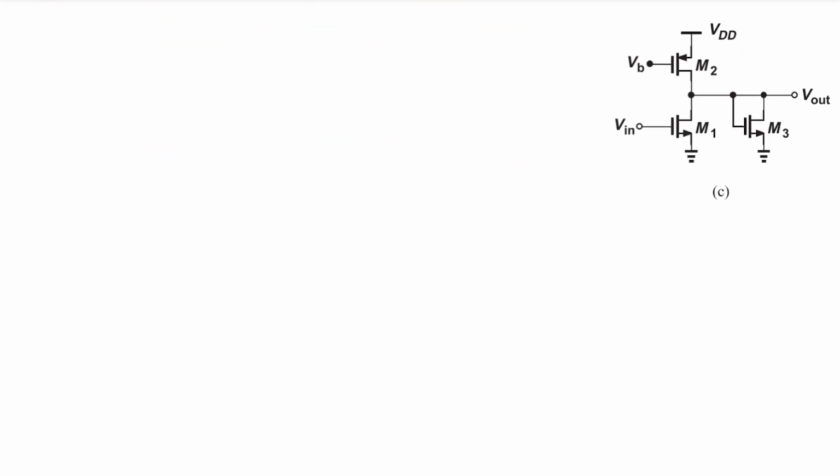Okay, let's go for the third stage. The GM is the same, because it's flowing through the same transistor, GM1.